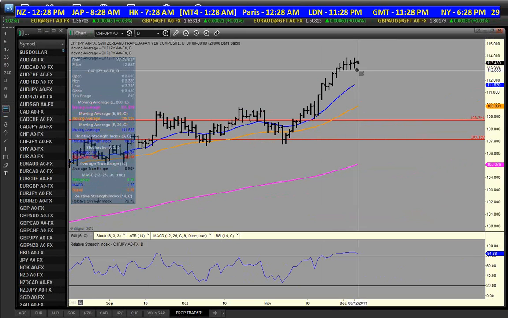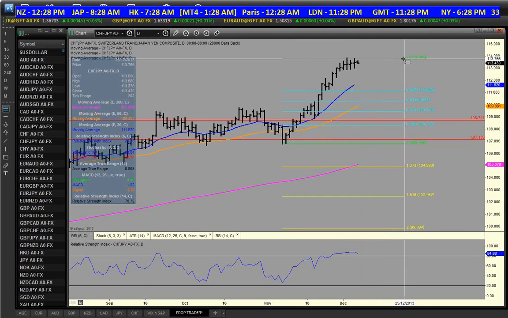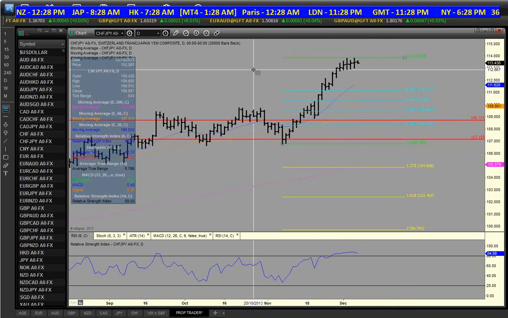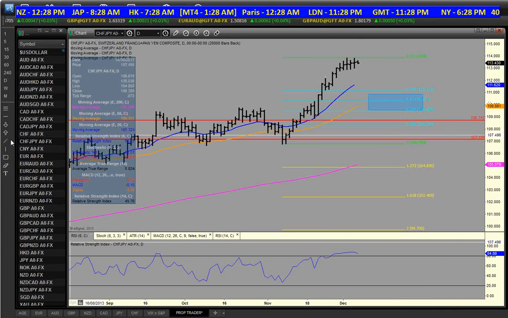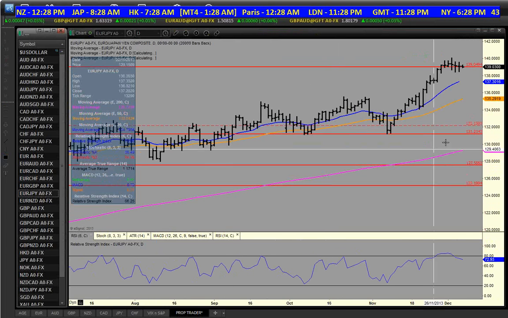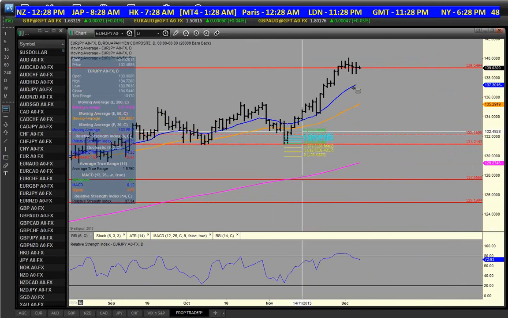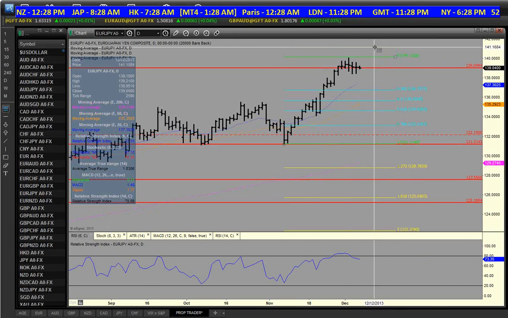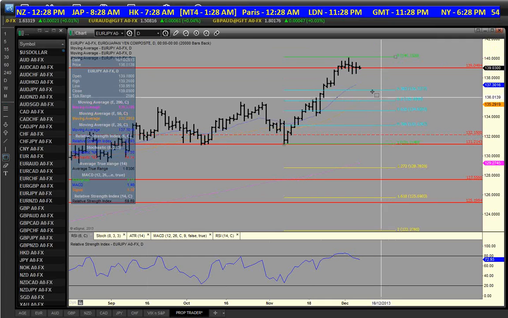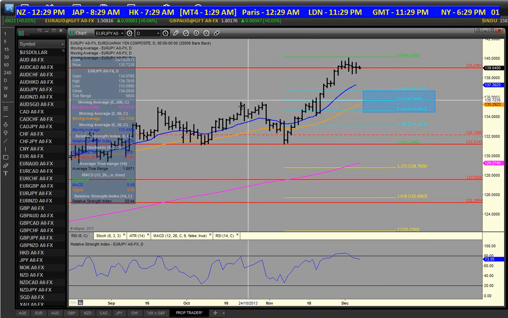It did have a higher low. It is still going. But with that horizontal there, it looks good to be getting long in here. Euro yen similarly, you'll be looking to get long around there somewhere. It's that horizontal there.